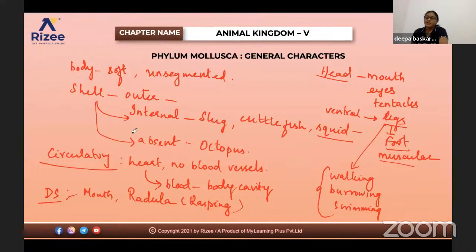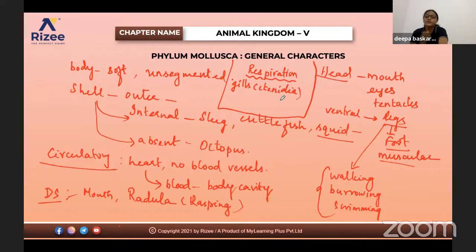Okay? Next comes respiration. As I told, they respire by using gills. Gills are present in the mantle cavity, and a question may be asked on this.